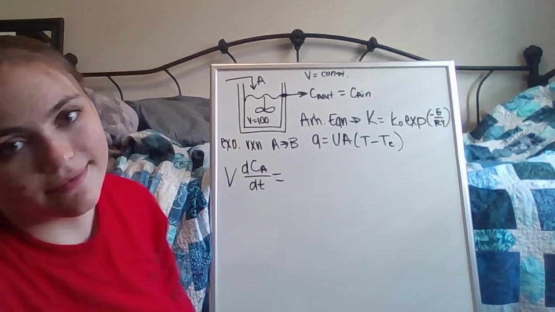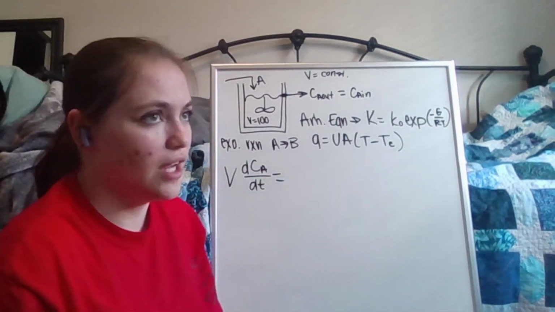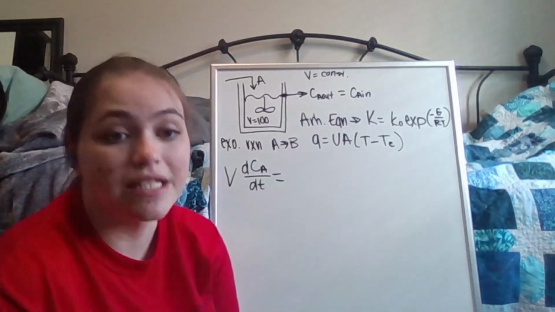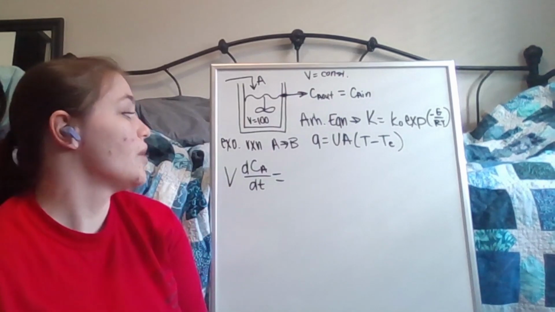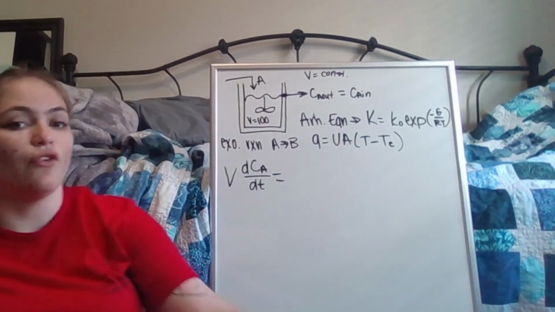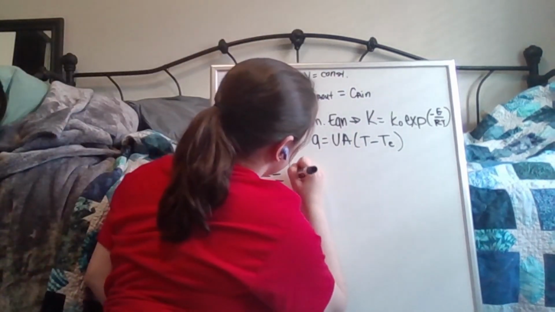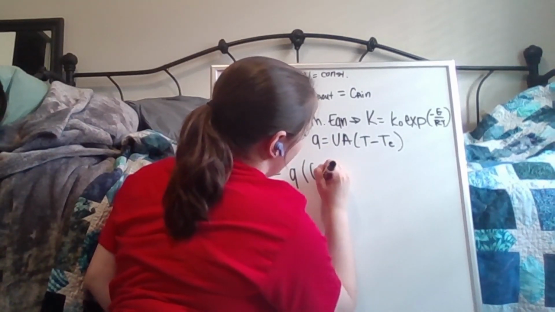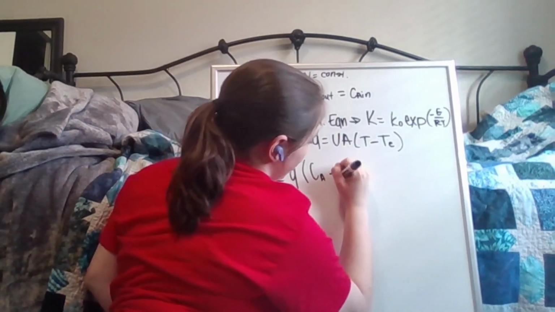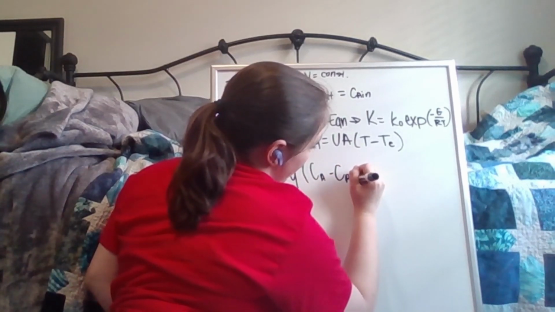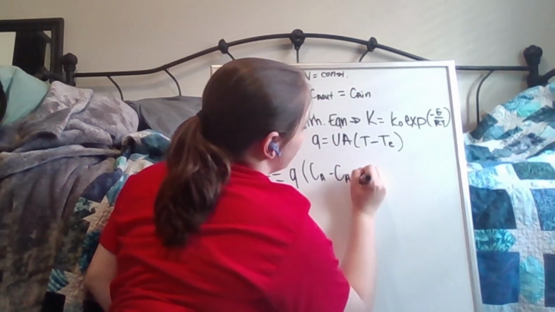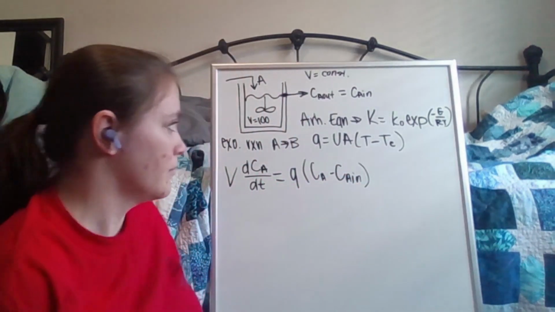All right, because that means we don't have to mess with our changing of height because we have that overflow system in place. And so what we're going to do is we have our flow rate multiplied by our concentration of A minus our concentration of A. I'm going to call it CAN.